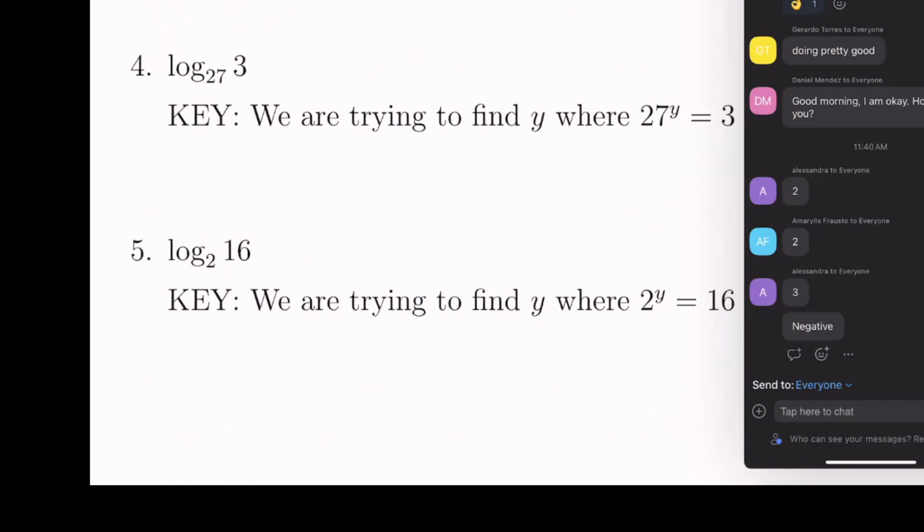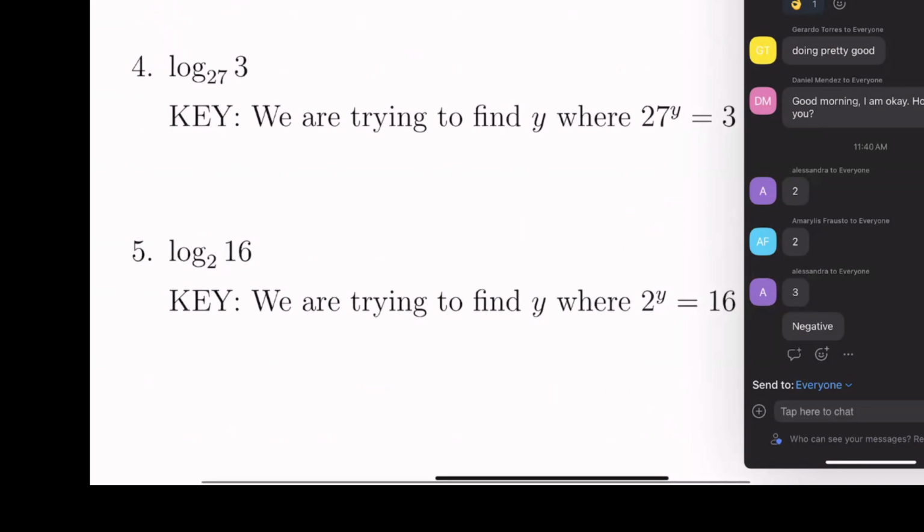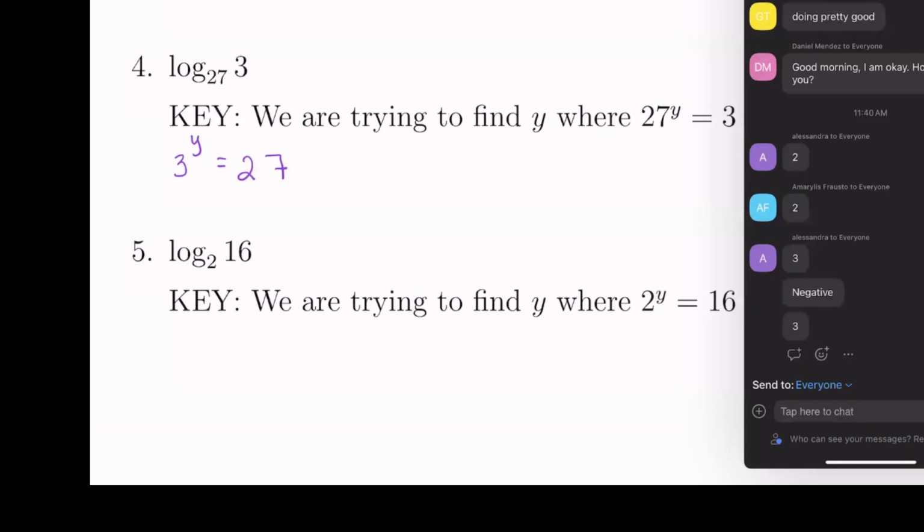Number 4 is a little bit tricky. Log base 27 of 3. Three to what power is 27? Let's work backwards. 3 cubed is 27. So what's the opposite of that?